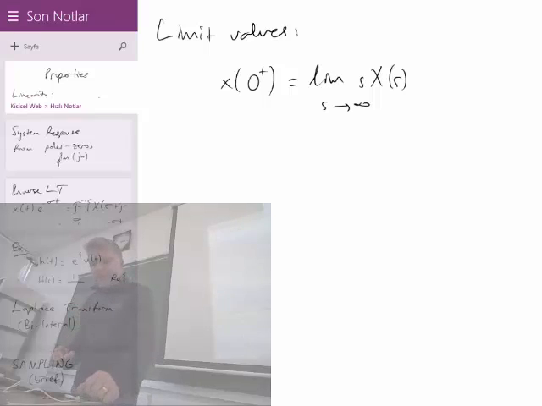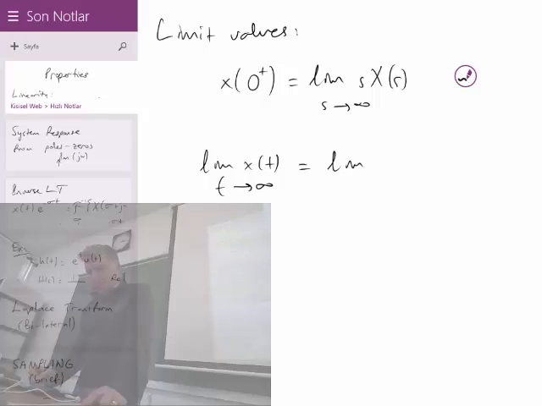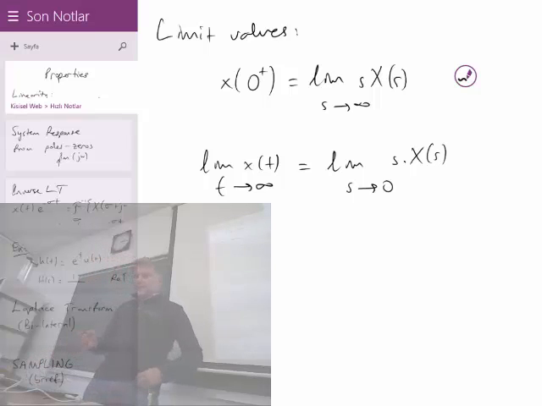But thinking about these will help you better understand the Laplace space and what's going on in the Laplace space. The second one is the value of x(t) as t goes to infinity, which is equal to, as s goes to 0, s times X(s). Now what does that mean? These are interesting phenomena that we will see.